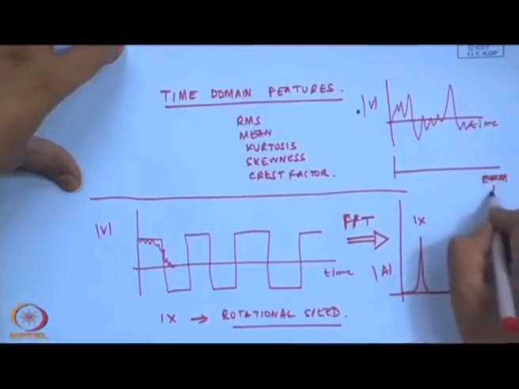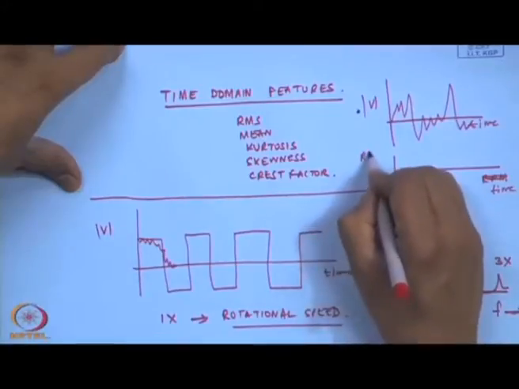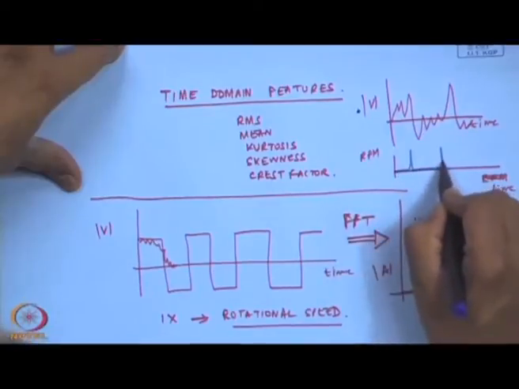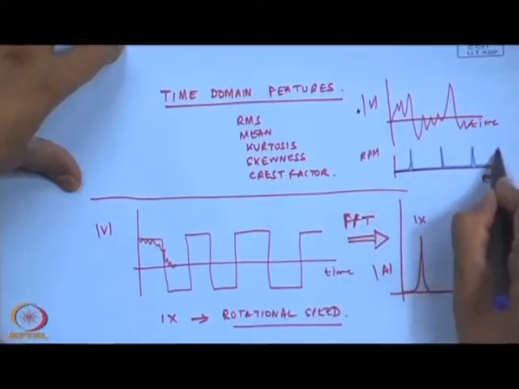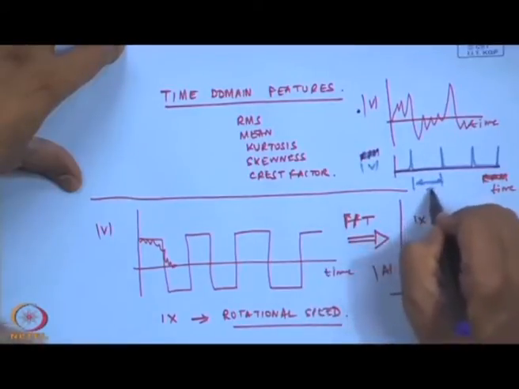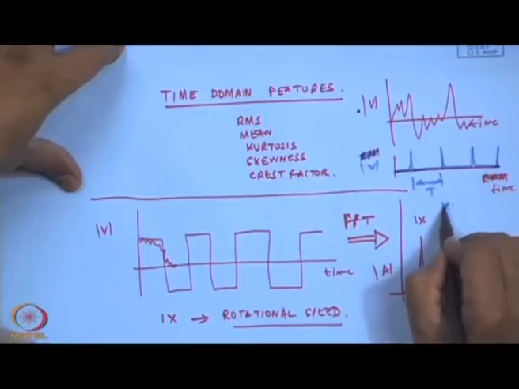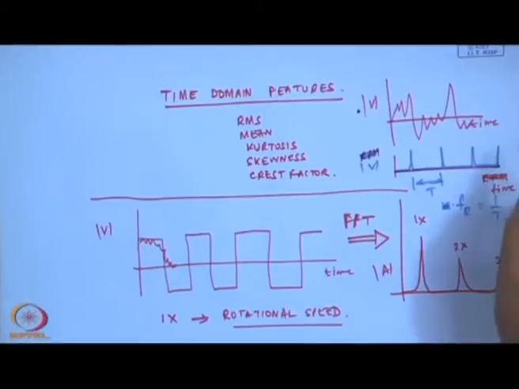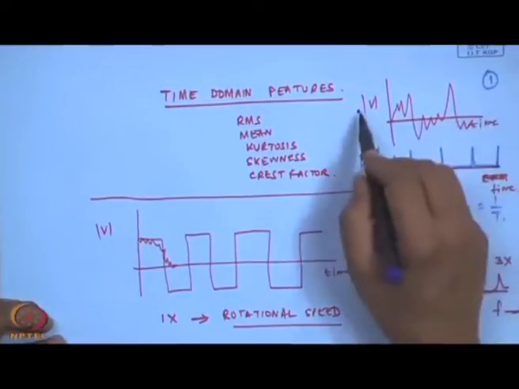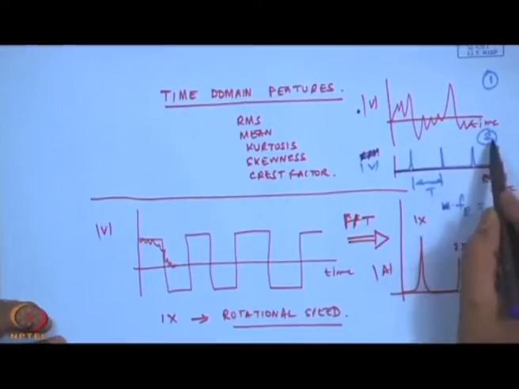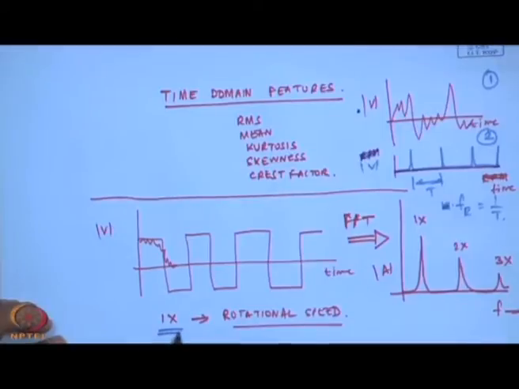This is also of course a time domain signal, the RPM, and you will usually get a peak, some voltage, and this is your time period, and the rotational speed Fs or Fr is equal to 1 by T. So, it is always good to measure vibration and also the rotational speed, because once we have the rotational speed you will get a good estimate of 1x and then you will get 2x, 3x etcetera.